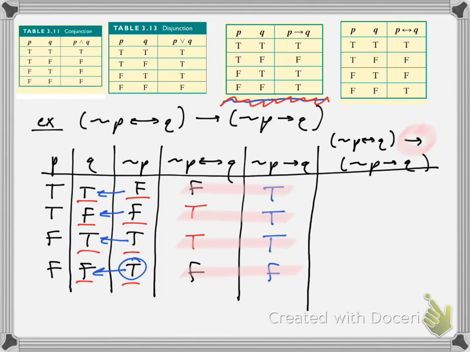The only one that's going to be false is the one that starts with true and ends with false, but none of them do. False, true is this case right here, and it's true. So my first one is true, and if you run down the line, this is true, true implies true is true, false implies false is true. So all four of those are true, and this is my truth table for this one.